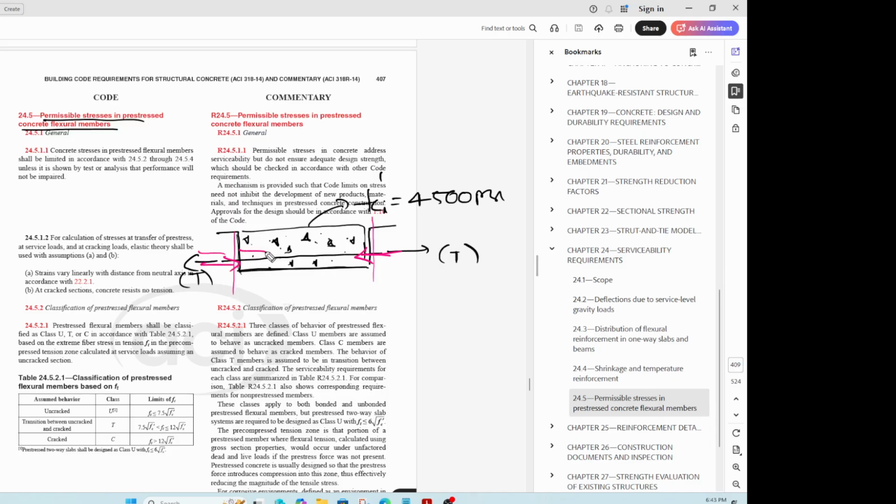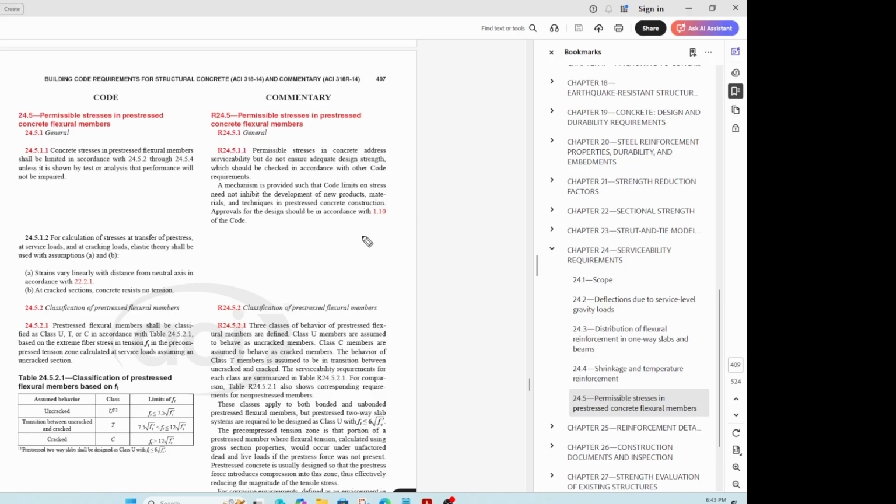So let's say here is the neutral axis, but then there is a compressive force. On a typical section, it is like this. You have your reinforcement here. Let's say I draw it like this. Here is the neutral axis, and this is the beam depth. So that's the depth of the beam. That's the beam.